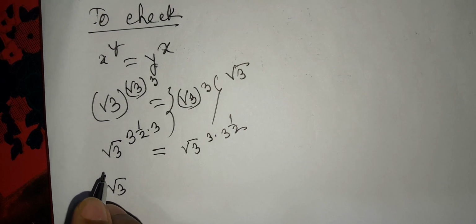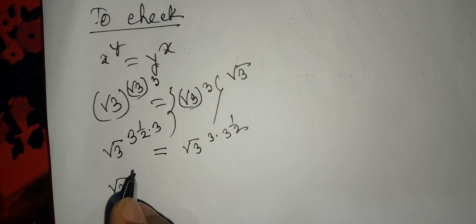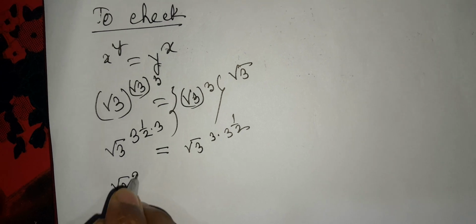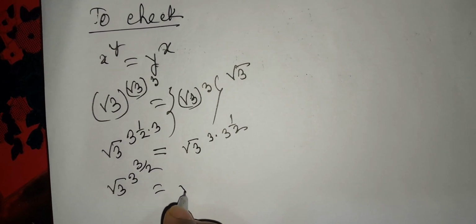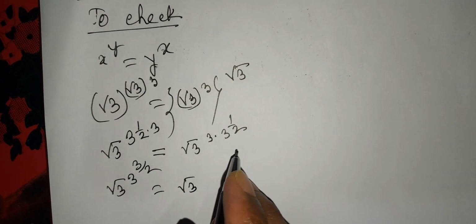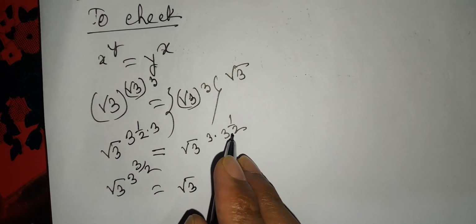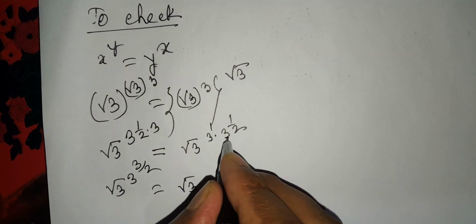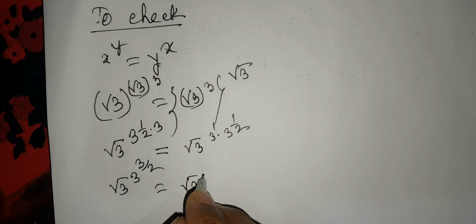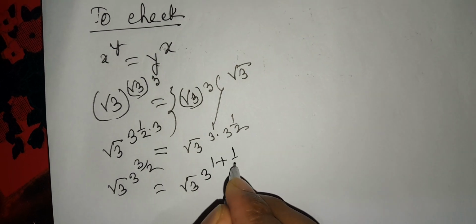Root 3 to the power 3 by 2 equal to root 3 to the power 3 plus, so here power 1 and 3 to the power half, so 3 to the power 1 plus half.